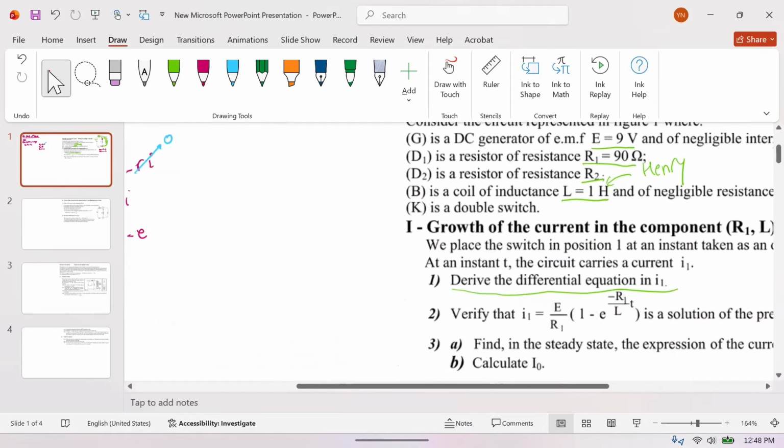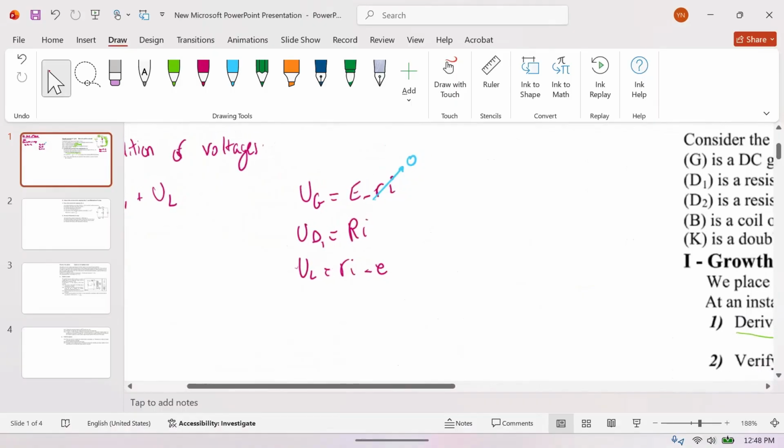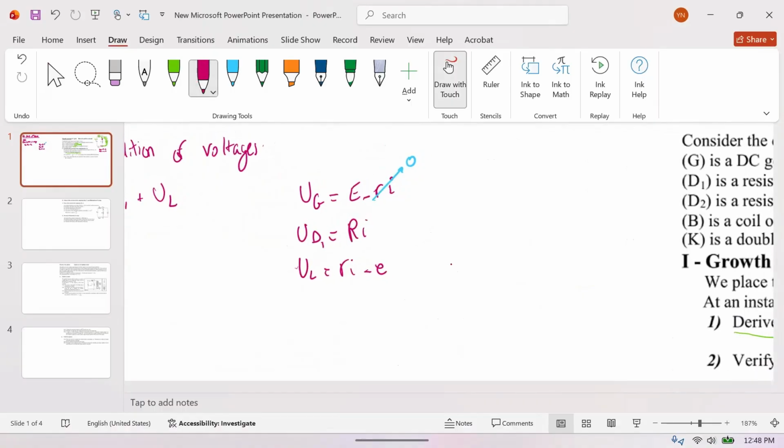Okay, now Ri minus E, and we already mentioned E in the notes. E equals minus L di over dt. What does it mean? If we have an increase in the current, the derivative of an increasing function should always be positive. And L is also always positive.